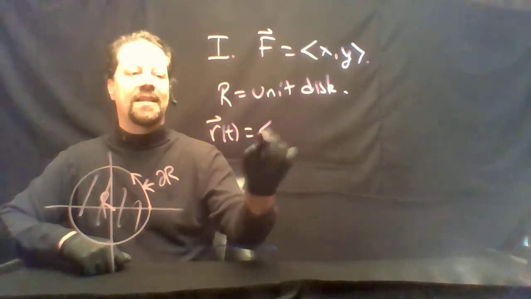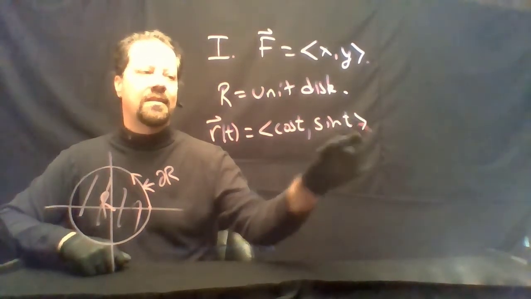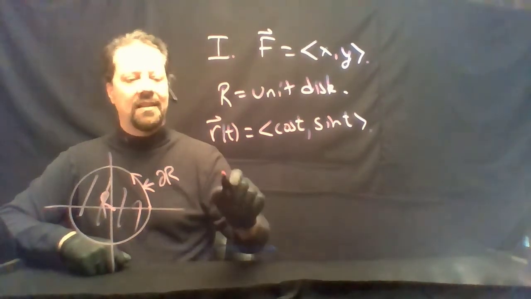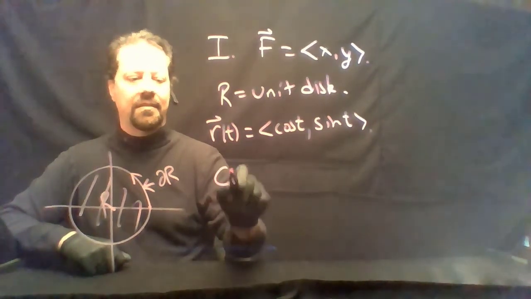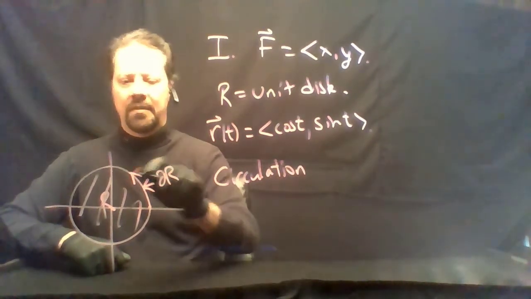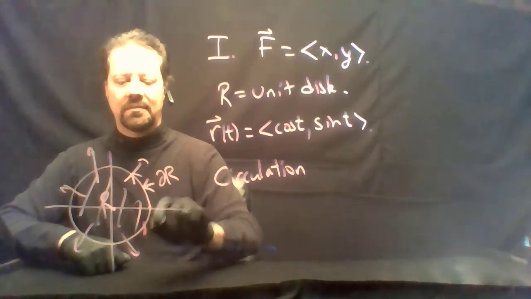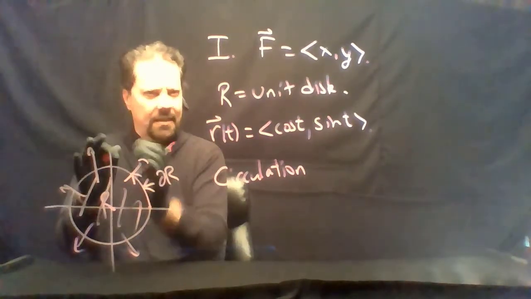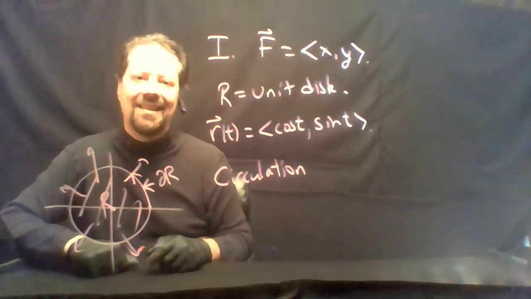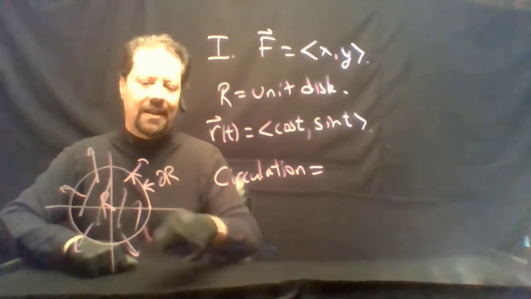We can parameterize that as cosine t, sine t. Let's calculate the circulation. Remember, this vector field has vectors all pointing out. It's all divergy and not too much curly. So let's see what happens here. We're expecting to get no circulation.